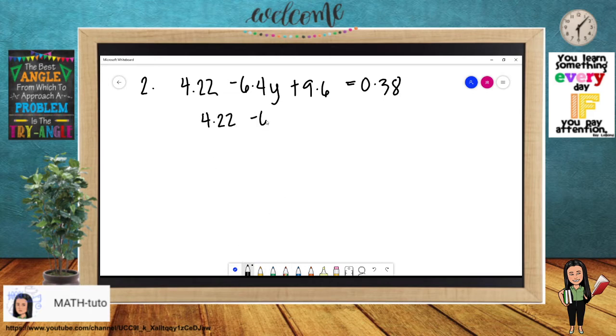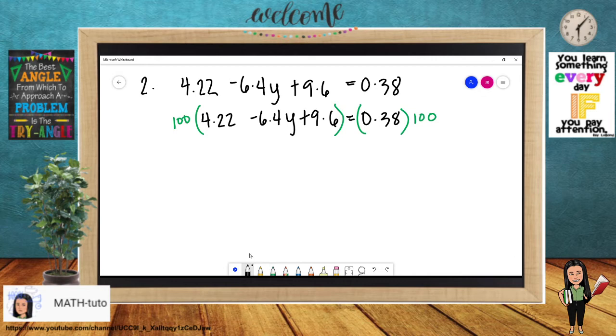I-rewrite ko na lang yung equation. Which 10 to the second power, which is the same as 100. So, we multiply all of the terms by 100. Yan, pinaghiwalay ko. We multiply the values on the right, and on the left.